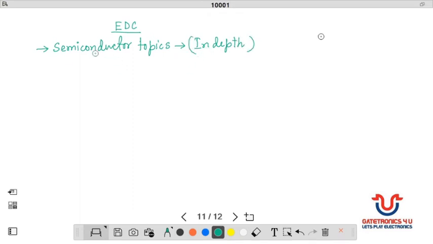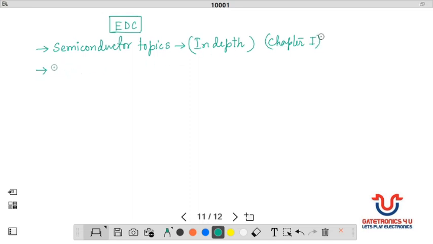You have to understand the semiconductor physics in depth, because this EDC, that is electronic devices and circuits, is the core subject of electronics engineering. So you have to understand this semiconductor physics. Then we can say this is chapter 1, and in this chapter 1 there are several topics. We will go for that.